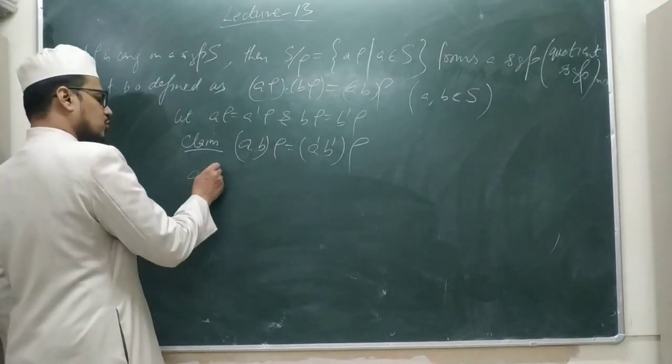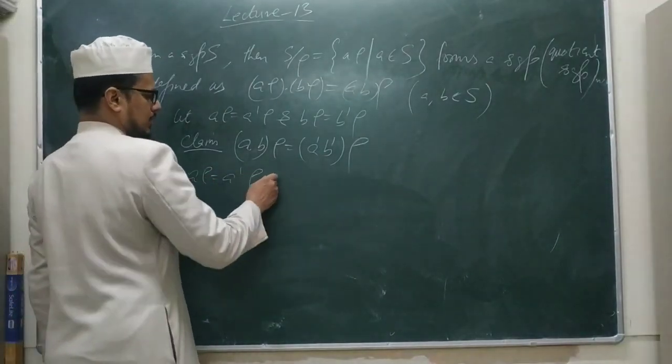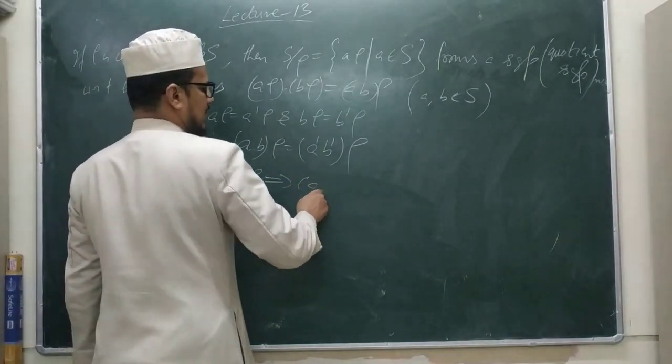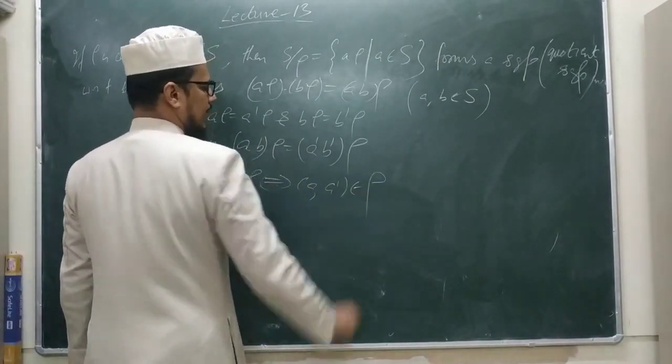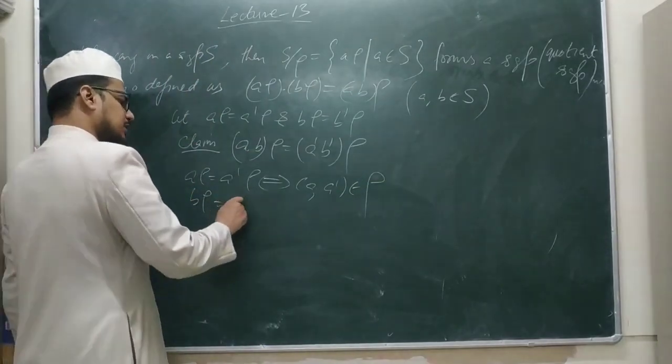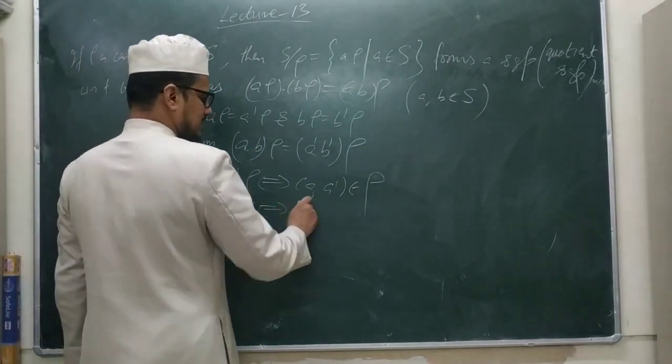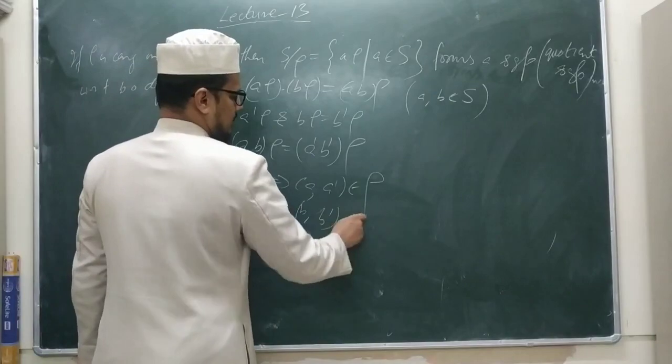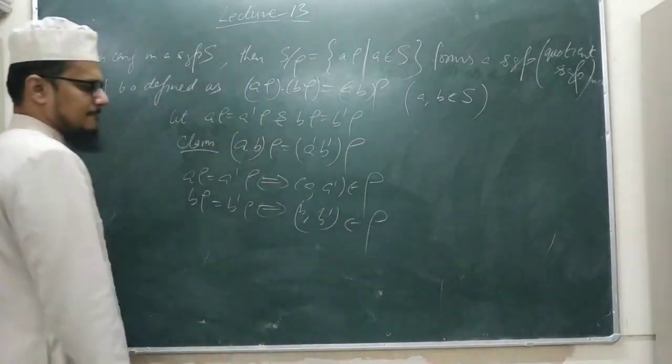So see, a rho = a' rho implies (a, a') belongs to rho, correct? Similarly, b rho = b' rho implies (b, b') belongs to rho, correct?